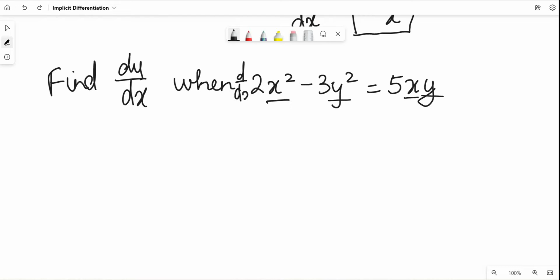So let's put the d by dx, and we have on this term here will be, by normal differentiation rules, 4x because we bring down the power and minus 1 from the power. And this term here is a different story because y is a function of x, not x itself.